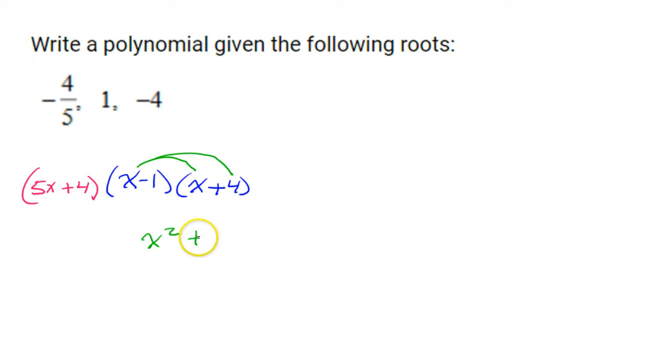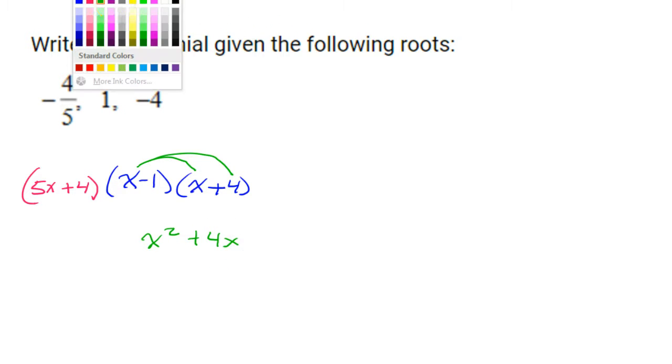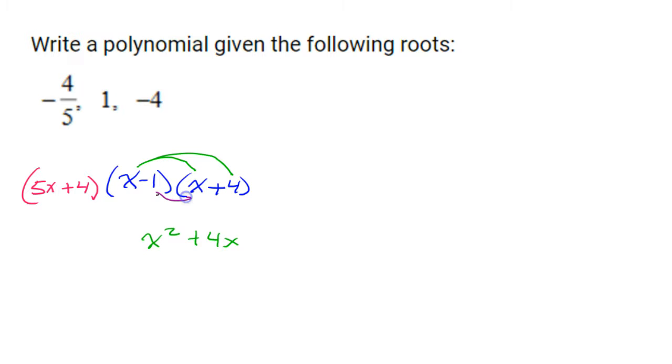X times 4 is 4x. Now I distribute the -1. -1 times x is -x. -1 times 4 is -4. Combining these like terms here, I get x squared plus 3x minus 4. Just put those together.